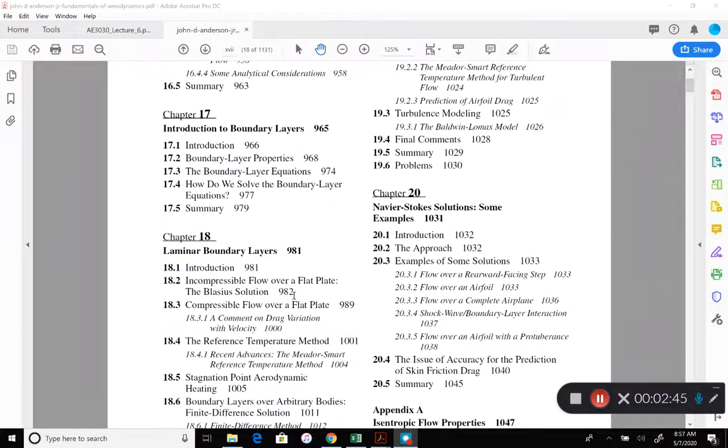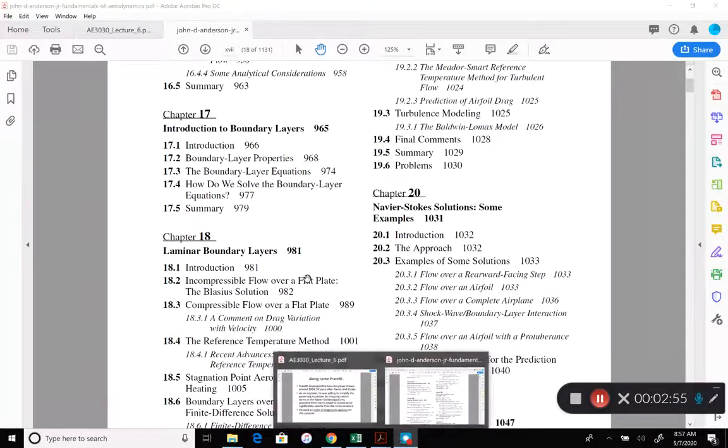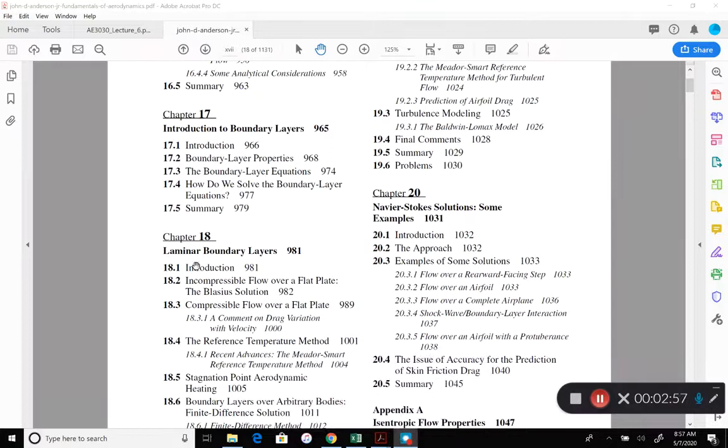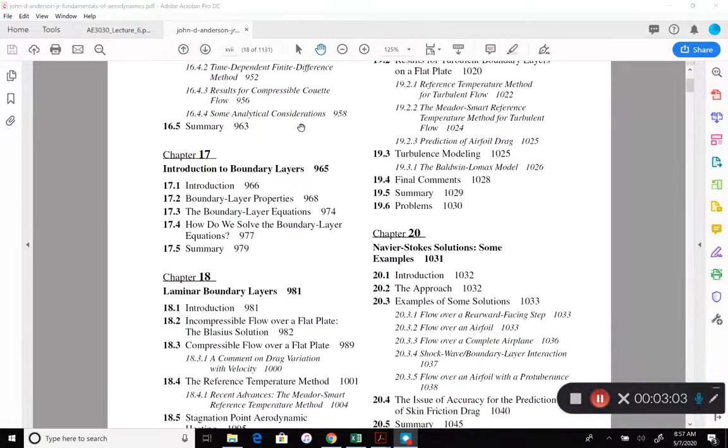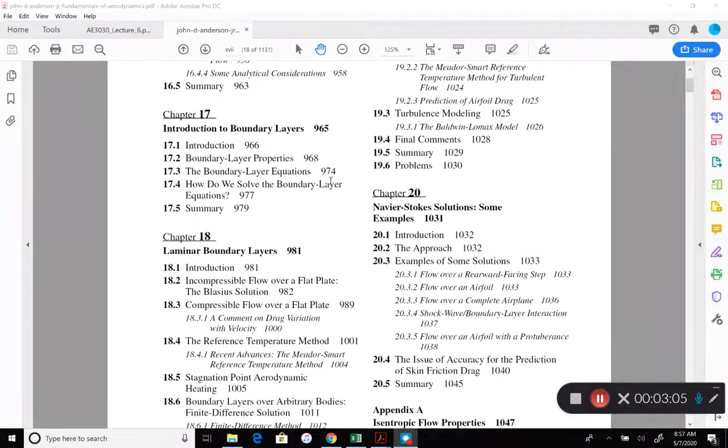We will describe it, then jump to the results of his analysis and use that in our homework and some worked out examples. So this is where the material is: the laminar boundary layer, boundary layer equation derivation and the properties. Navier-Stokes equations are in chapters 15 and 16.